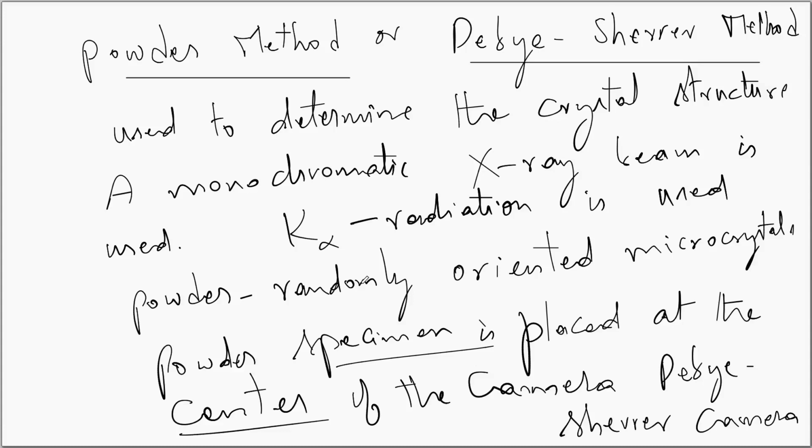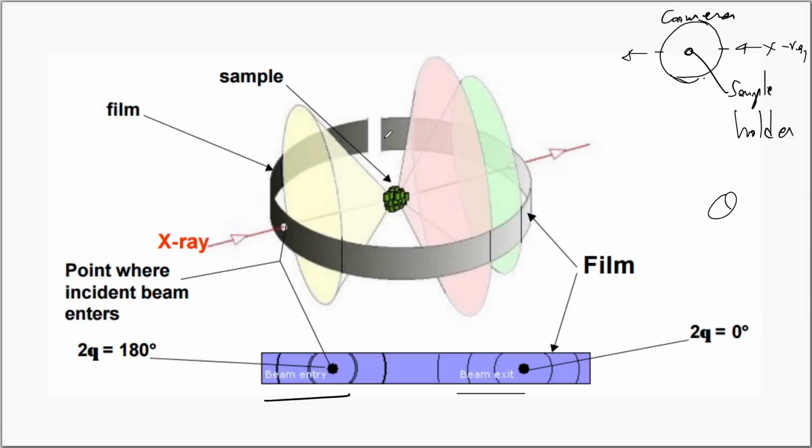In the powder X-ray diffraction method, a monochromatic X-ray beam is used. K-alpha radiation line is generally used for the X-rays. We take the powder of the sample. The microcrystals of the material are randomly oriented. The powder specimen is kept at the center of the camera, and we will have a film in the camera. We record the diffraction pattern originating from the X-ray diffraction on the film.